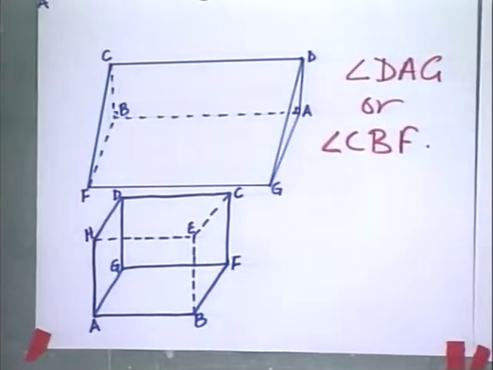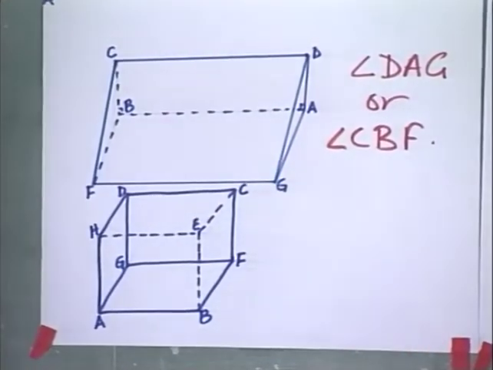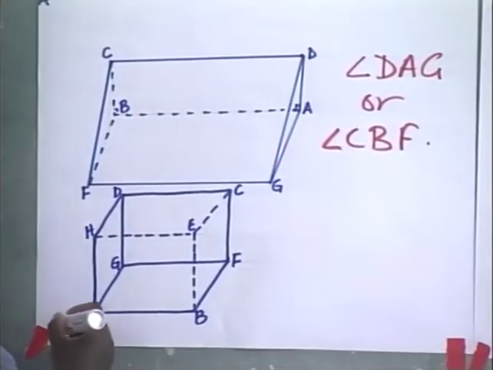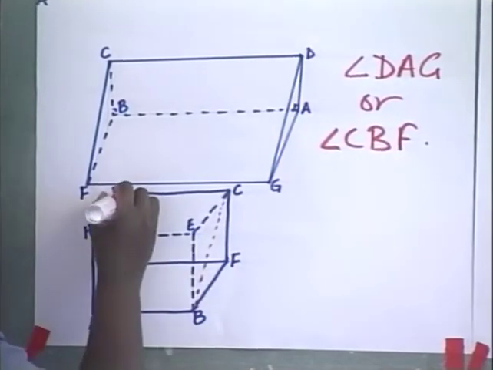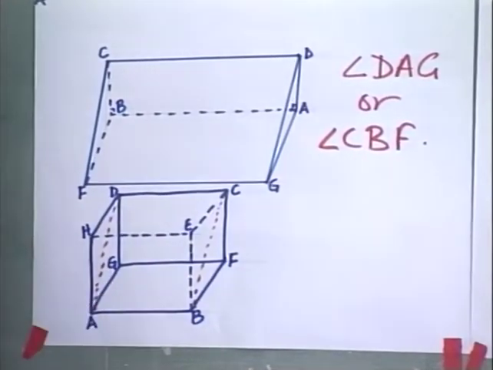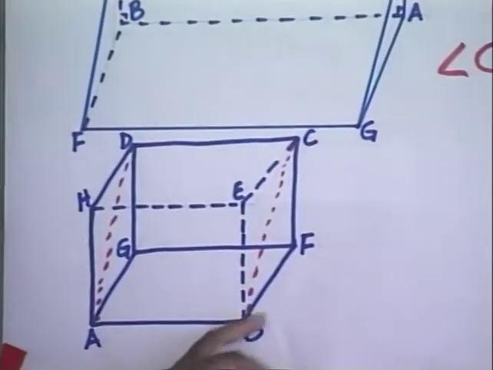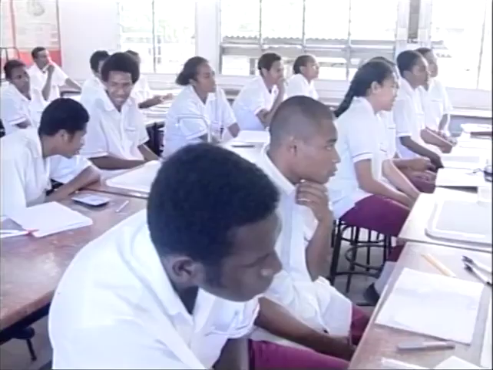All right, the last one. The planes are ABCD, that's one plane, and the other plane is ABFG. So it's the bottom plane and the plane that I've indicated.